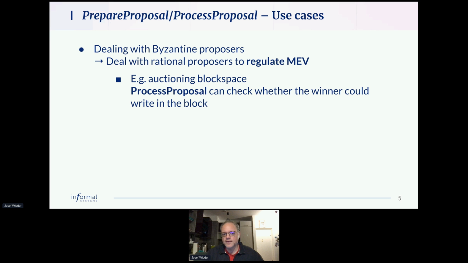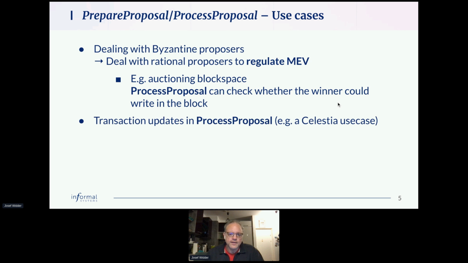So in some sense, process proposal will allow us to regulate MEV. For example, if the application has decided to auction away block space, process proposal can make sure that the winner of the auction actually got their spot in the block. So there are certain things that can be done here.